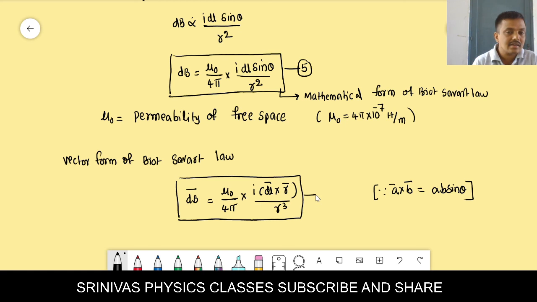Is it correct or not? If you have doubt, I will write one more step. Mu naught by 4 pi into I, I multiply with r and divide with r, dl r sin theta by r cube.